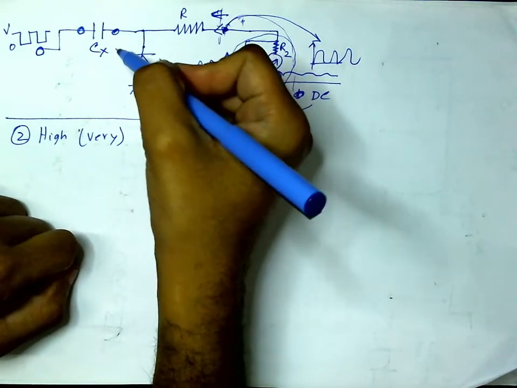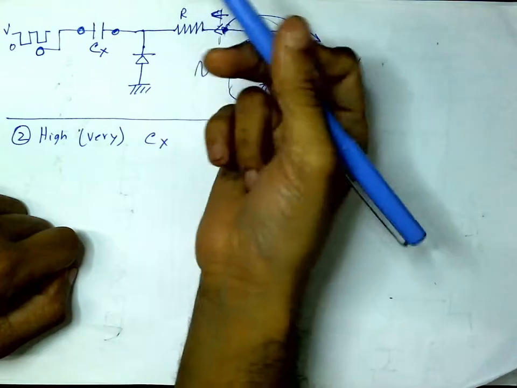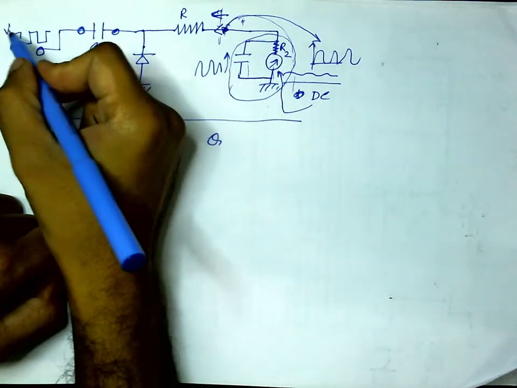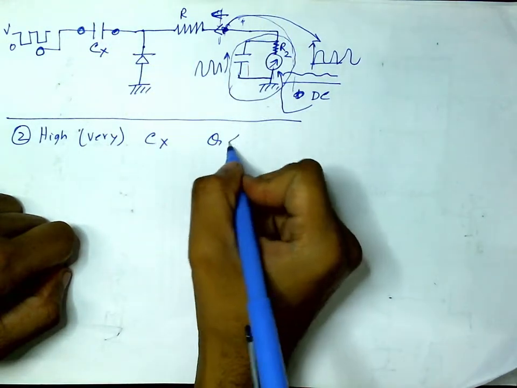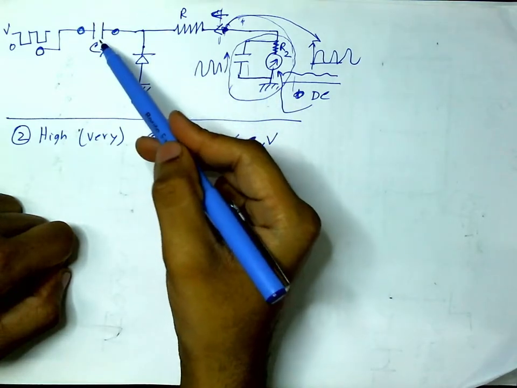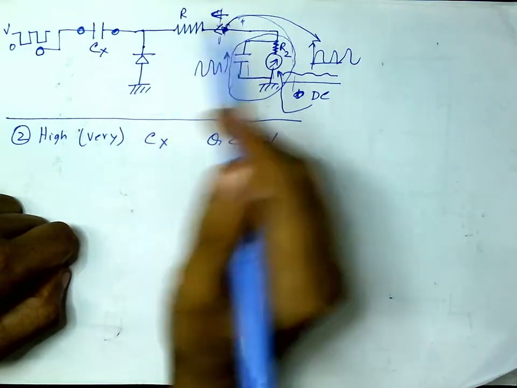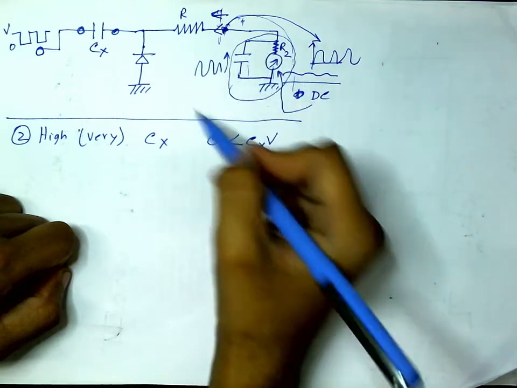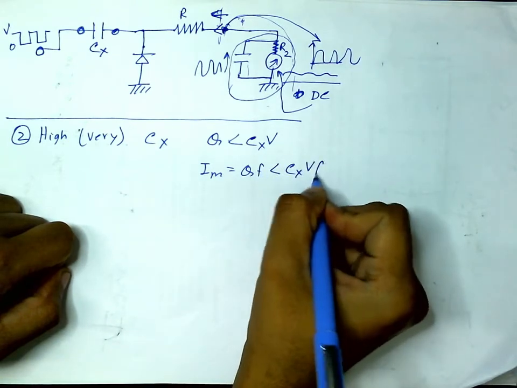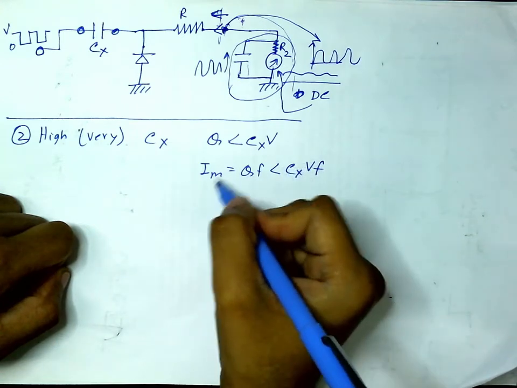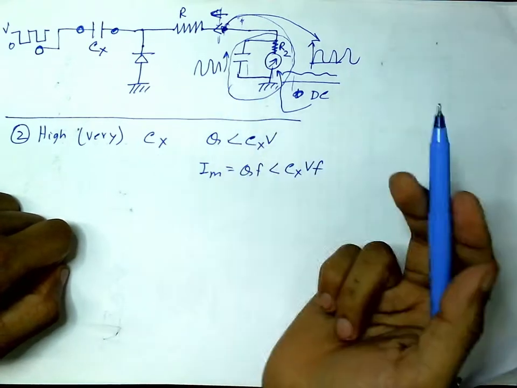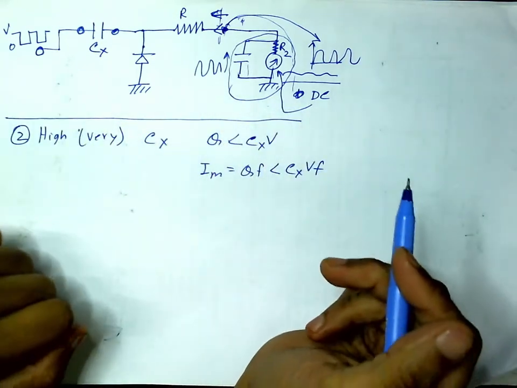It may not get enough time to charge to the full voltage V. So the charge Q that flows during this on time is actually less than Cx times V, and the meter current IM, which is QF, will also be less than CxVF. So the meter reading will no longer be linear with the capacitance value. At high capacitance values, this scheme may not be usable.